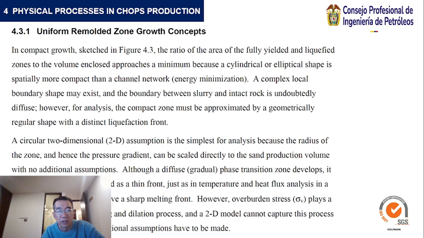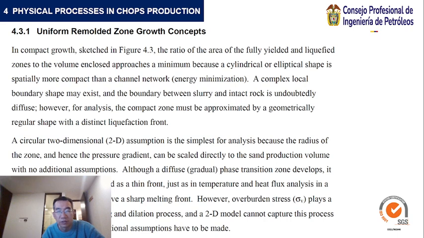A circular 2D assumption is the simplest for analysis, because the radius of the zone and the pressure gradient can be scaled directly to the sand production volume with no additional assumptions.